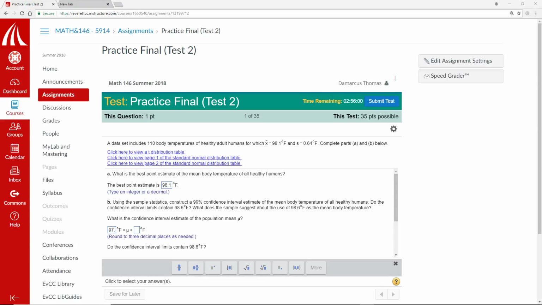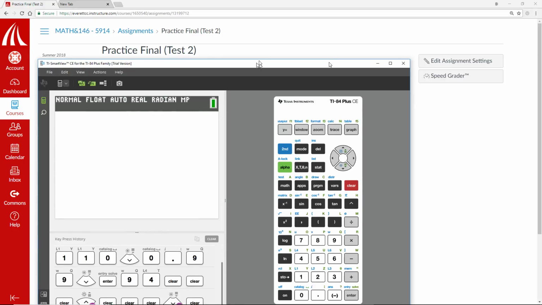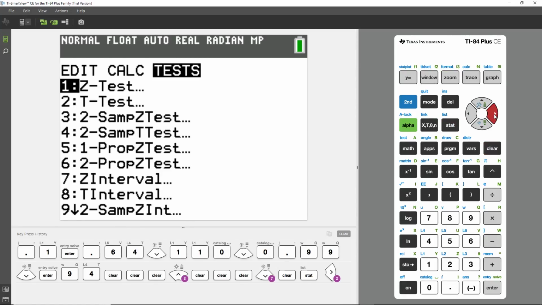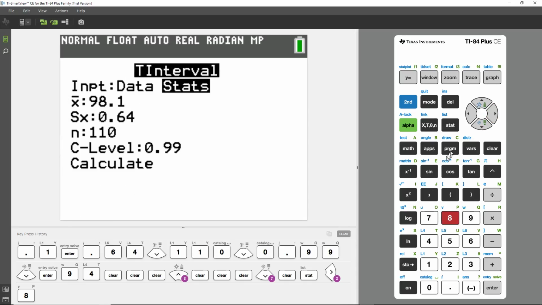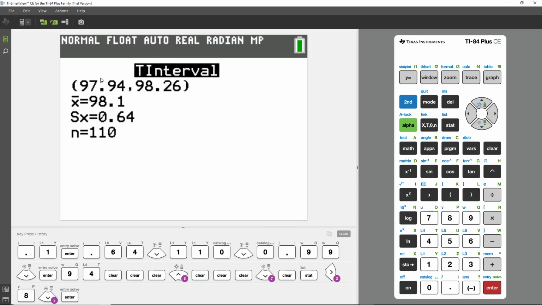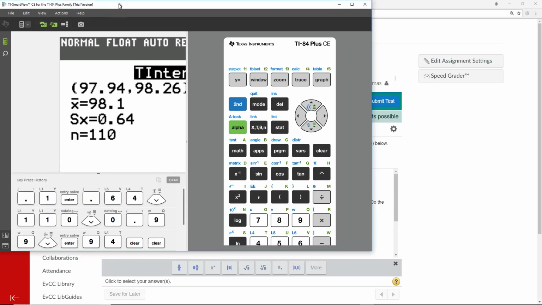Let's see, what was my interval again? I think I just lost it. We go back in there, stat, tests, and we said the T interval, number 8. And in the end, we get 97.94.